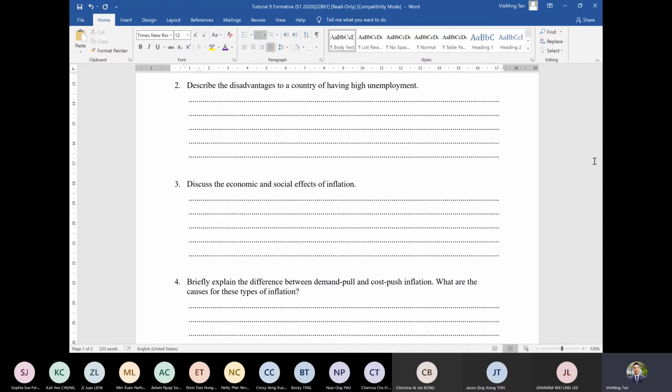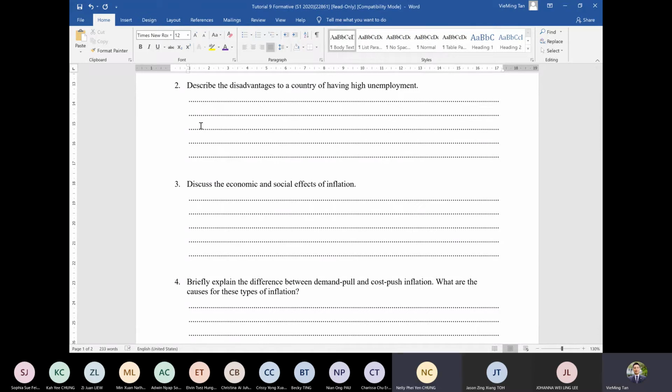Okay, I'll start. We'll move to Nelly again. Nelly, what do you think? What are the negative impacts or consequences if high unemployment happens in the country? So what is going to happen? Unsustainable growth of economy. Yeah. Okay.